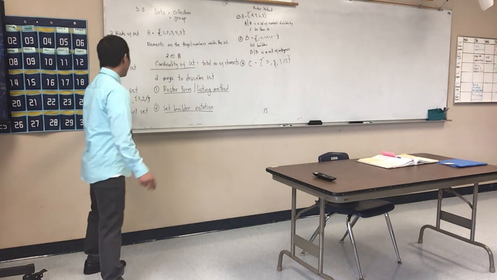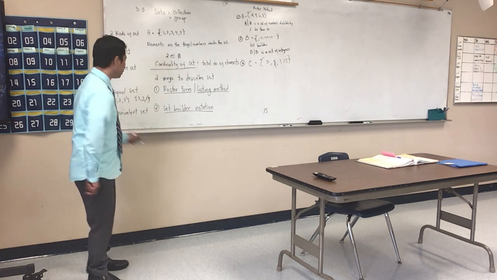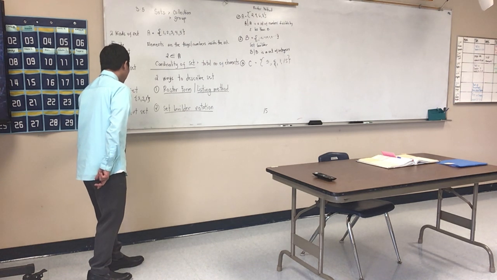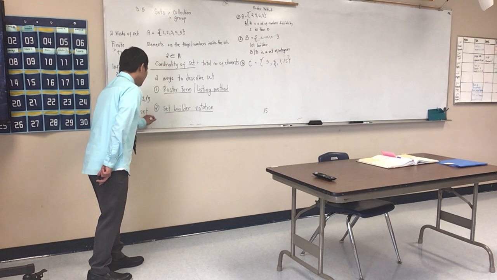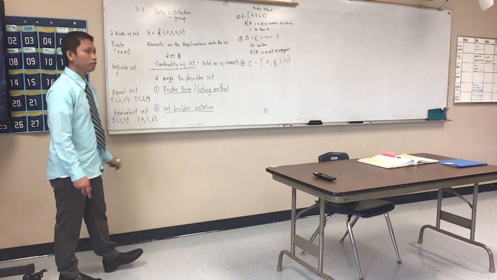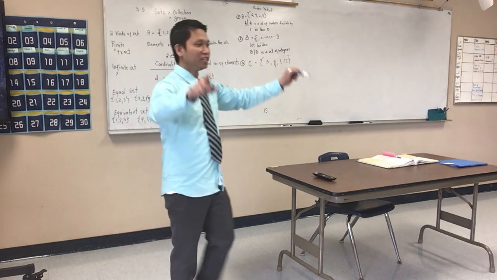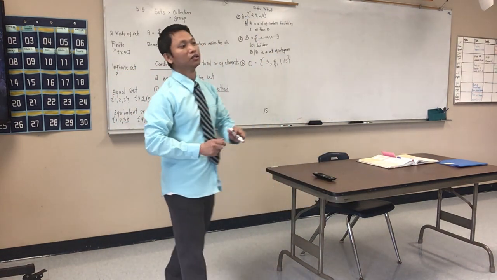On the other hand, if we are talking about equivalent sets, for example, one set is 1, 2, 3 and the other set is 4, 5, 6. Why do you have to write the braces? That is an indication that it is a set. If you don't have the braces, that is not a set.